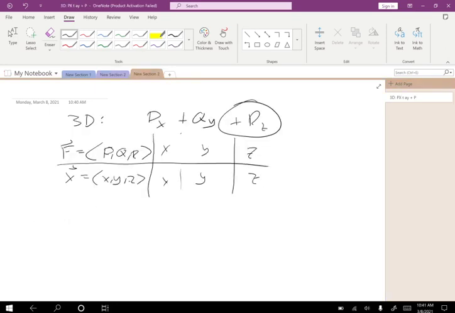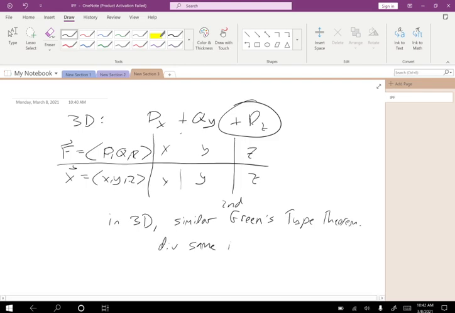And so really, it's a very similar idea in 3D. In 3D, there will be a similar Green's type theorem, rather, a second Green's type theorem. And the divergence has the same interpretation: sources, sinks, outflow, inflow.